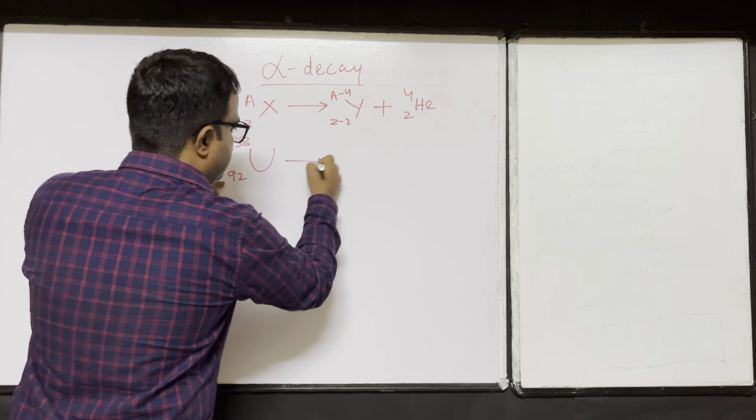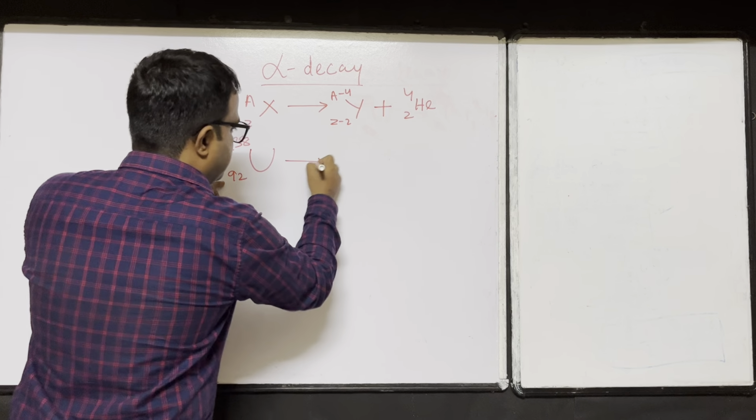Now this is the Q value. If the Q value is negative, then what will happen? That means the energy of the reactant, the heavier nucleus, is less than the sum of the products. That means you need more energy.